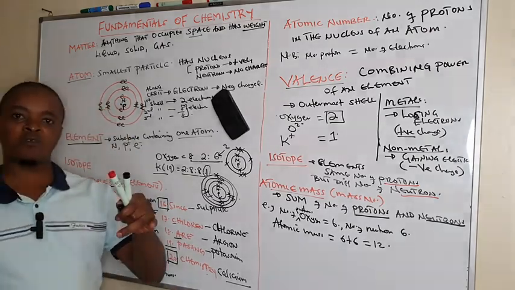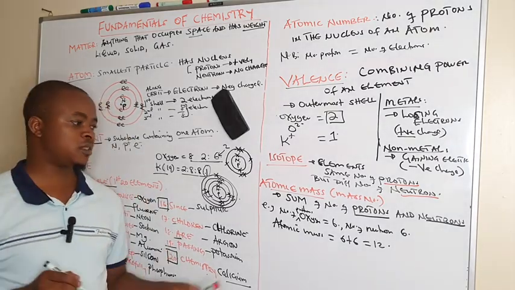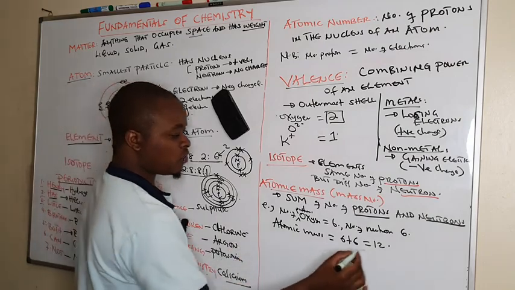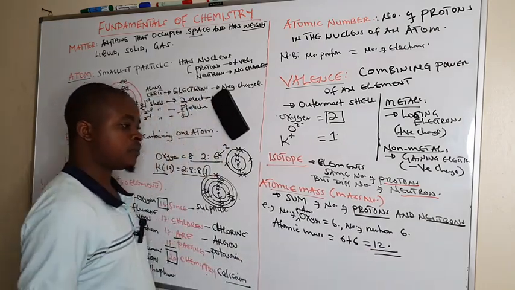So you get the number of protons plus the number of neutrons to get the atomic mass, or what we call the mass number of an element.